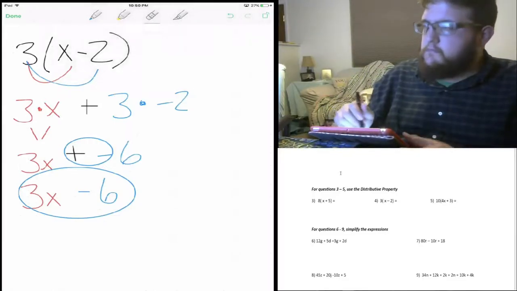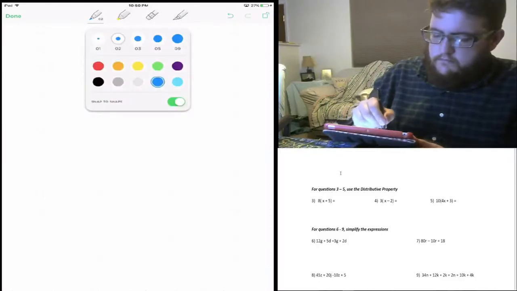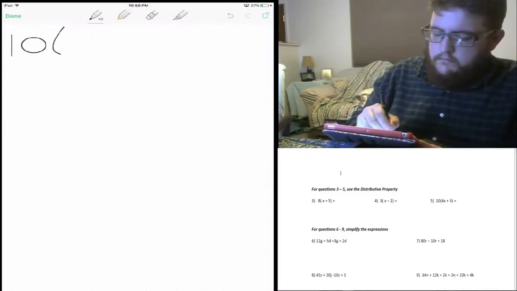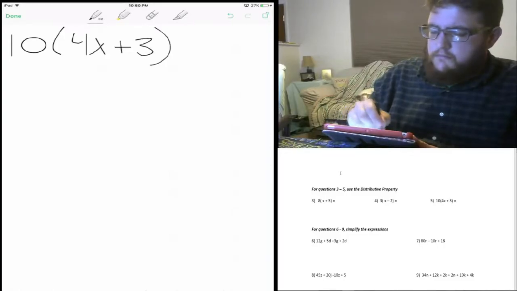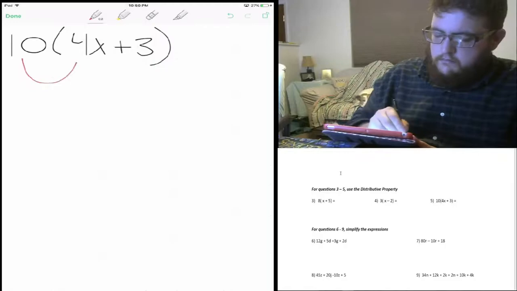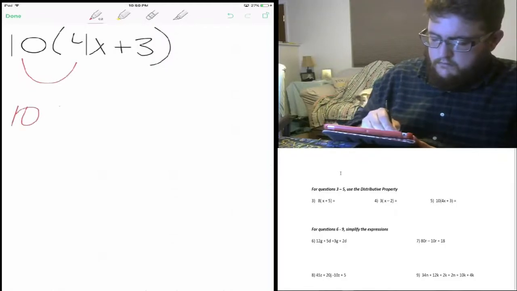Alright, let's move on to number 5. 10 times the sum of 4x and 3. First we'll distribute our 10 to the 4x, and we'll have 10 times 4x.